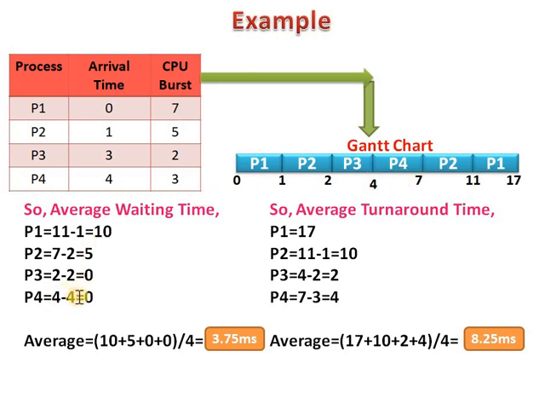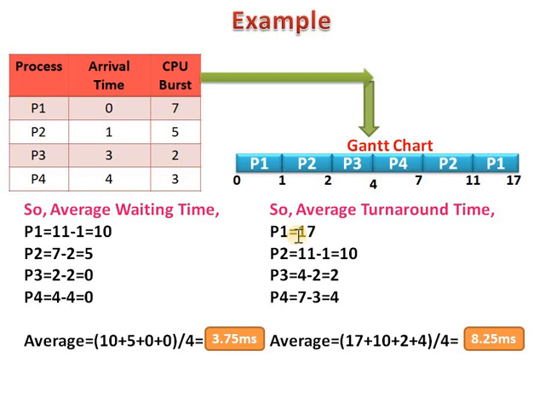So 4 minus 4, 0, and P4 arrival time is 4. So 4 minus 4, 0. Now the average is calculated. How is the average calculated? Sum divided by 4. The total sum of waiting time divided by 4. So here we get 3.75 millisecond as the average waiting time for this example.